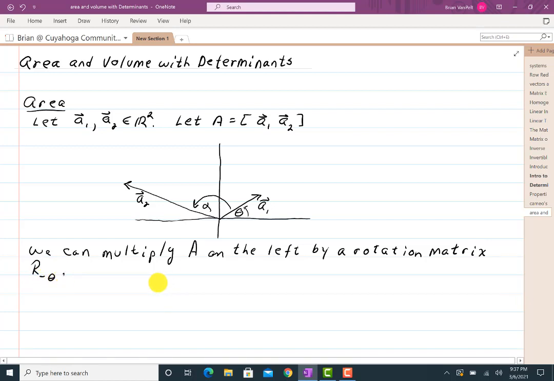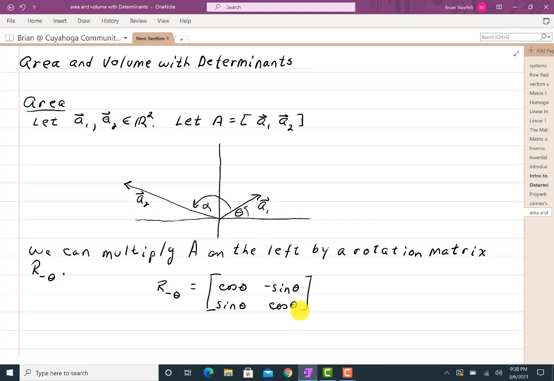And what R sub theta would look like, or R sub negative theta, would look like the following matrix. Cosine theta, sine theta, negative sine theta, and cosine theta. So in R2, when you multiply on the left by that matrix, the figure will move clockwise or counterclockwise by theta.